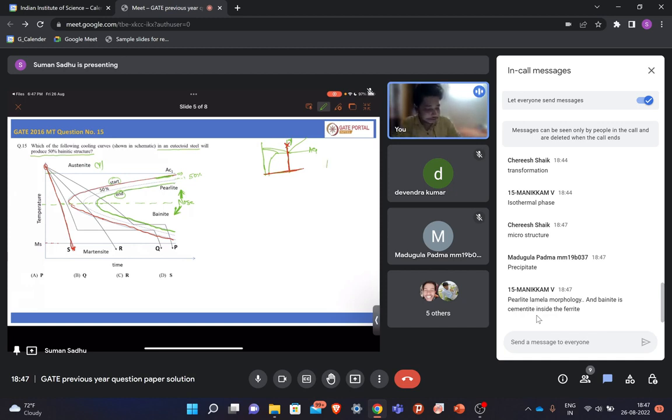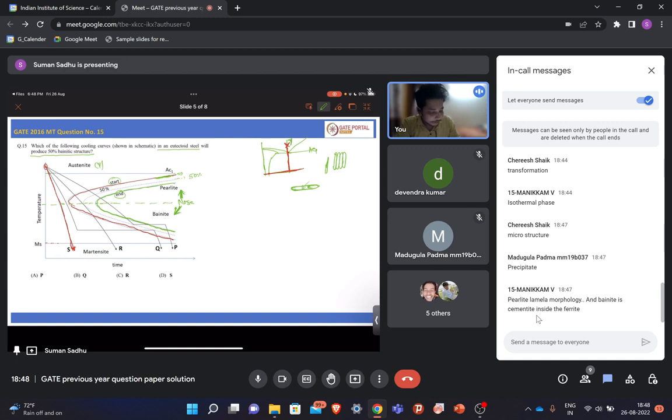In pearlite you get a lamellar structure. Let's say this is the alpha and this is the cementite, alpha and cementite. But in the case of bainite, you are cooling at a very fast rate, so the morphology of the alpha is elongated. The bainite shape is initially supersaturated with carbon, but this is not an equilibrium condition, so carbon should precipitate out.